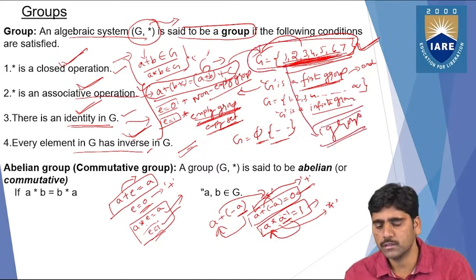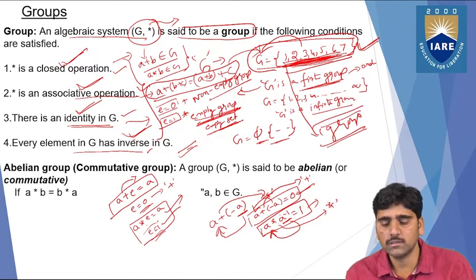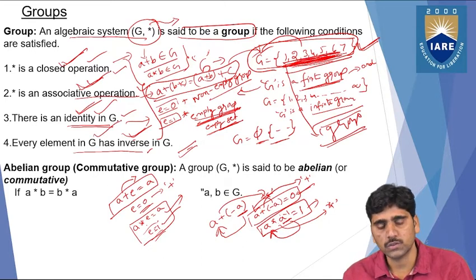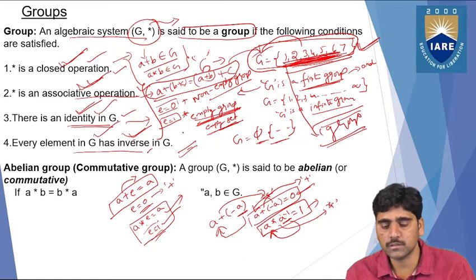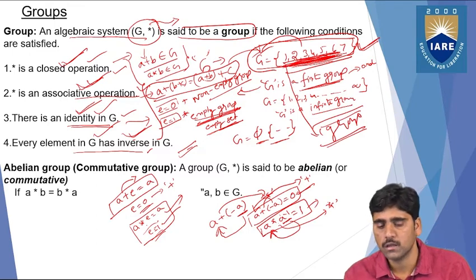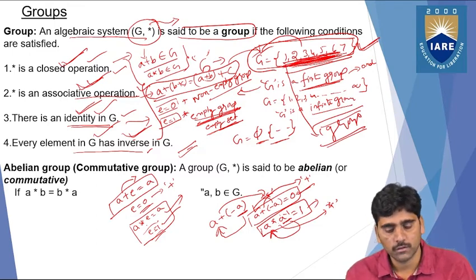Definitely you can say that it is a group, because this set performs a closure operation, an associative operation, an identity operation, and an inverse operation. So performing all these operations on this set is called a group, right?